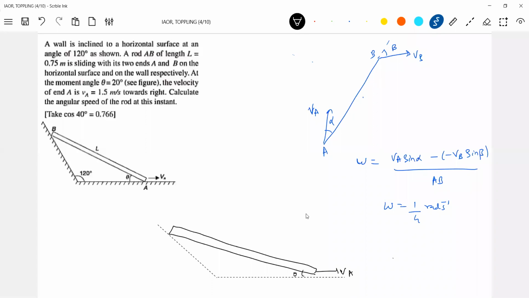There are two approaches. Directly you know the length and you know this angle, and theta is also given. If you know theta here, can you bring this angle, say phi? He's asking to get the angular velocity, no? So what to do for this? Any method?